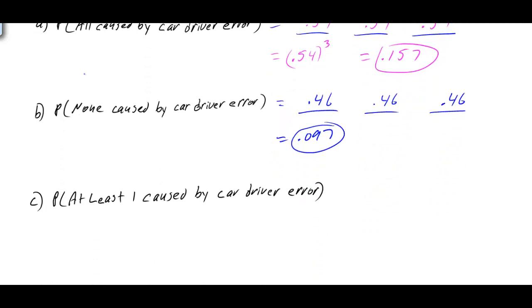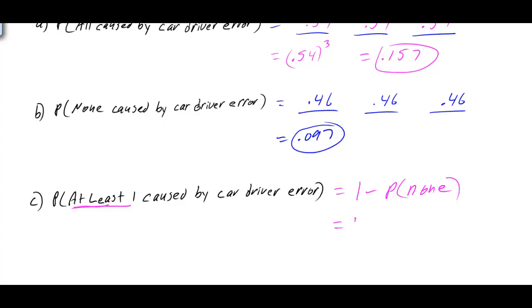And part C, it says, what's the probability at least one is caused by car driver error? Okay, now typically when we see this "at least," we may think that we are going to have to use the complement. And the easiest way to look at this would be looking at 1 minus the probability of the complement of at least 1. So at least 1 means the probability of none.